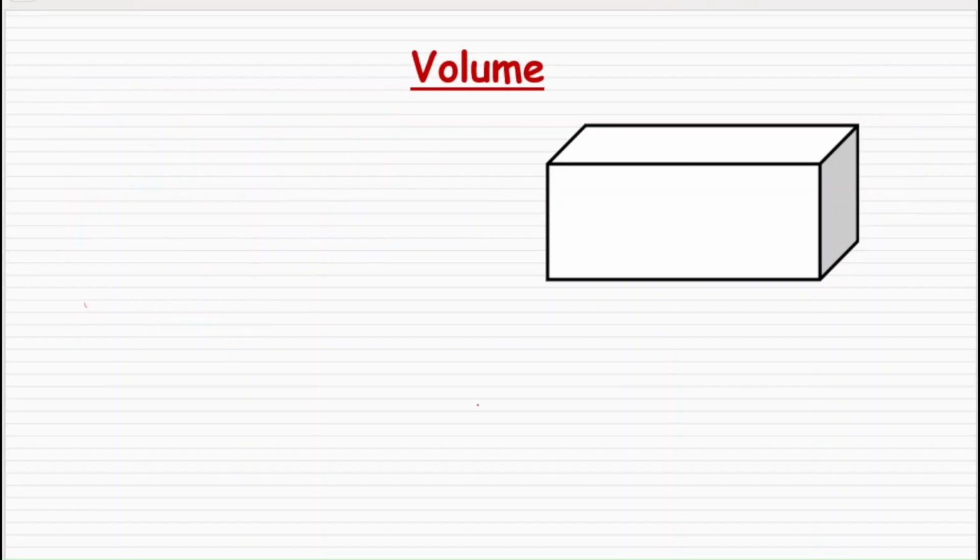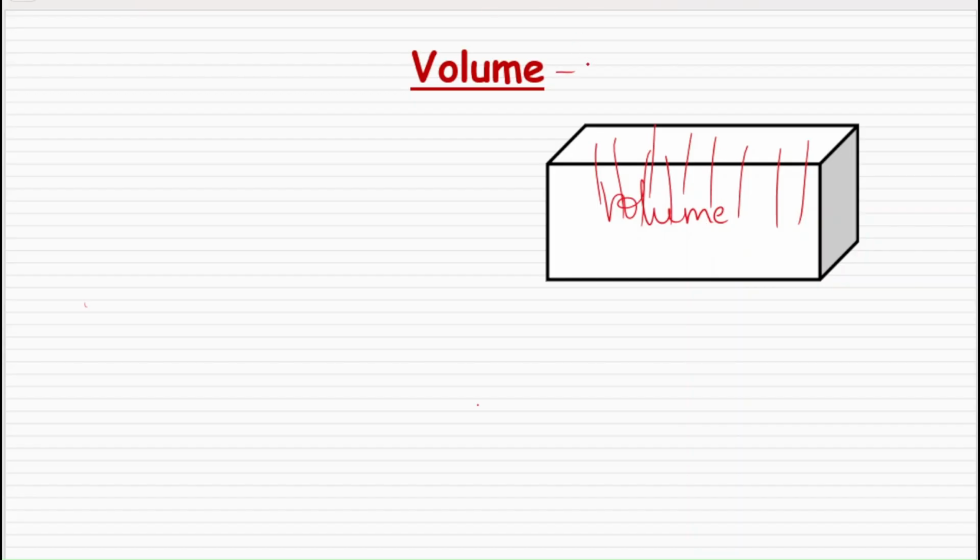What is the volume of any rectangular prism? Volume is the measure of how much space is inside the box. The volume is how much we can store inside the box. If I'm going to fill water inside this rectangular prism, how much water can I fill? If I want to put some chocolates inside this rectangular prism, how many chocolates can I put inside it?